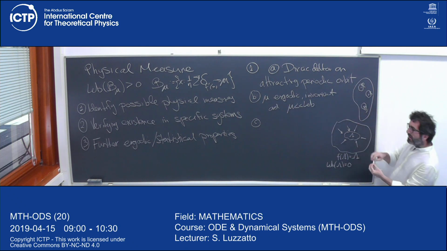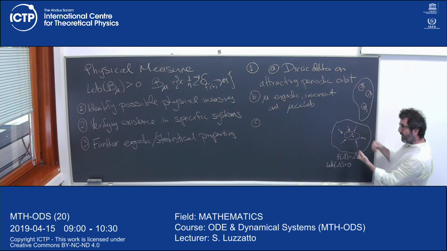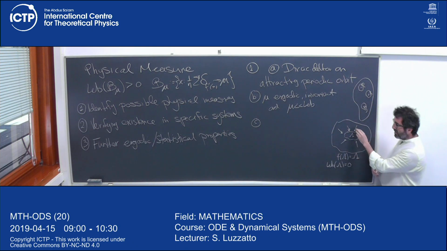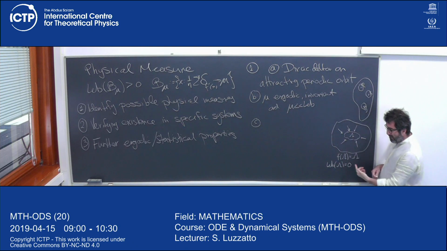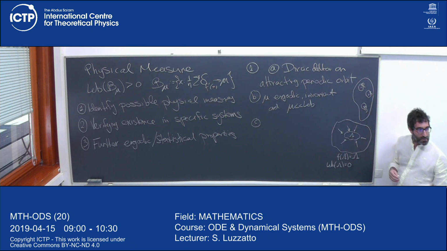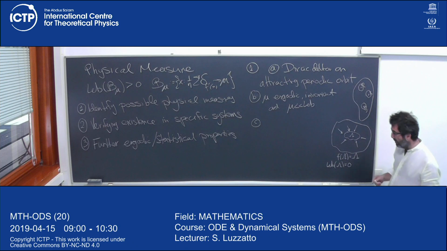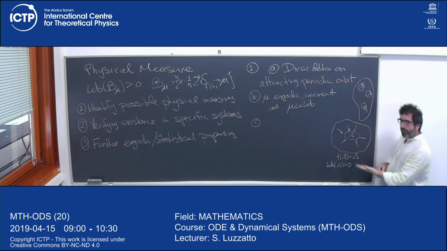If this is an attractor in the sense that points are converging to lambda, then any invariant measure cannot give positive measure to these points, because these points move towards lambda and they never come back. So any measure needs to be living on lambda, and if lambda has 0 measure, a measure where the only points that are positive measure are points on lambda cannot be absolutely continuous, right? So any invariant measure cannot be absolutely continuous with respect to Lebesgue, okay?